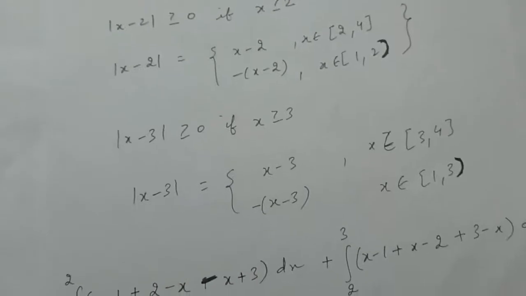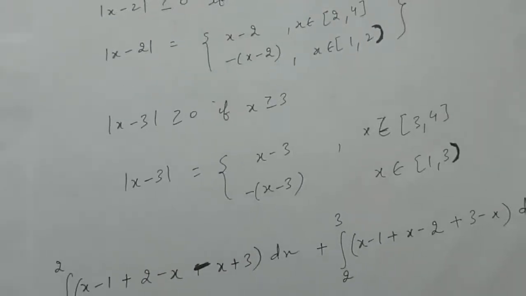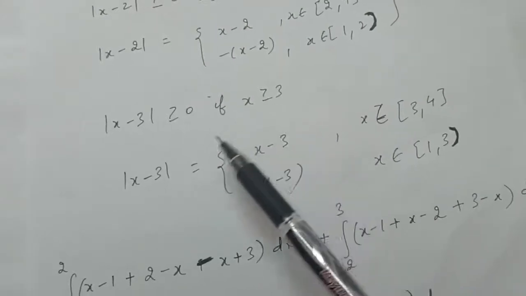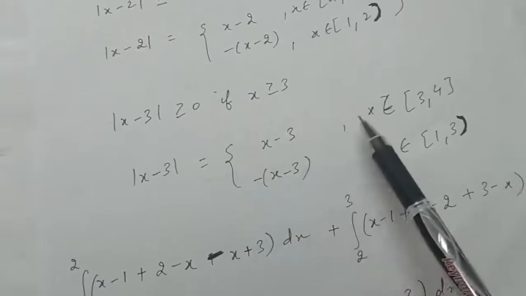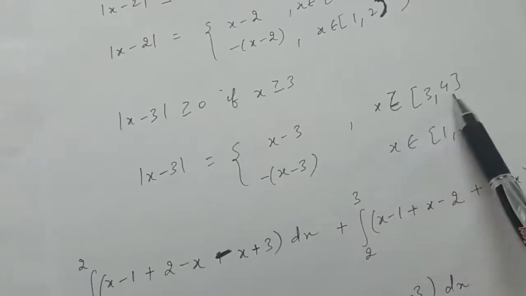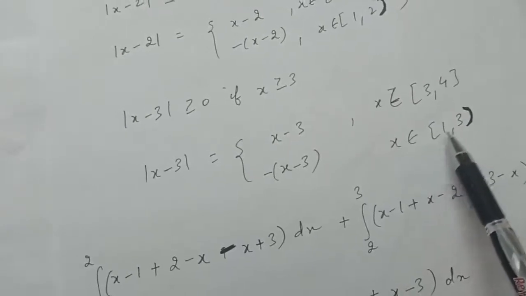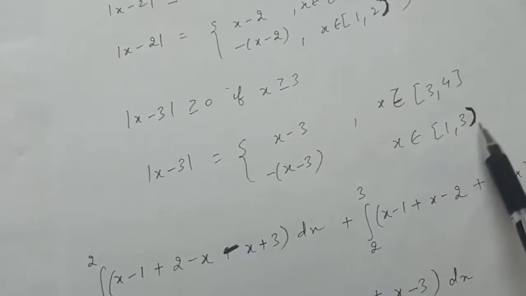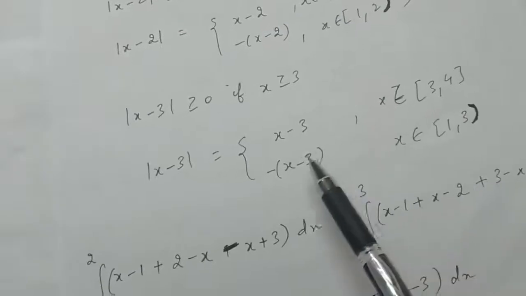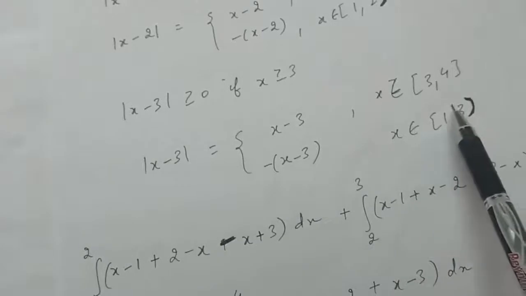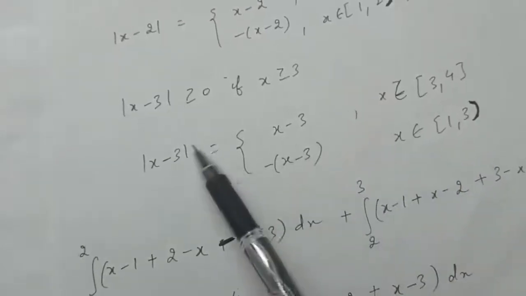Now modulus of x minus 3 is x minus 3 when x is greater than or equal to 3, that is, when x belongs to the interval 3 to 4. When x belongs to the interval from closed 1 to 3 with the open bracket, it is minus of x minus 3, because in this interval x is less than 3 and therefore this will be negative, right?